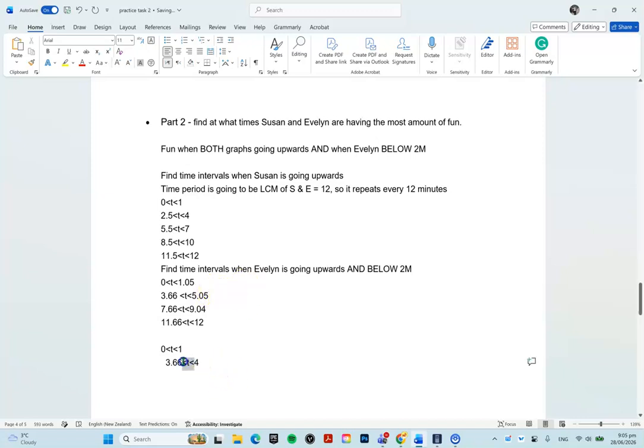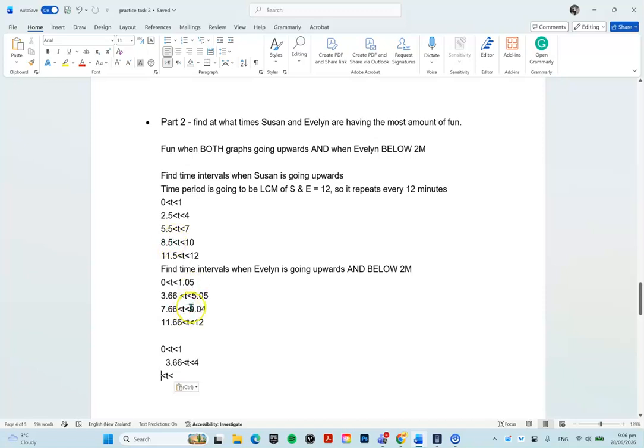So our next range, on to 4. Can we start at 5.5? No, we can't start at 5.5. Can't start at 7 either. So it's going to have to start at 7.66. Actually, no, it can't.